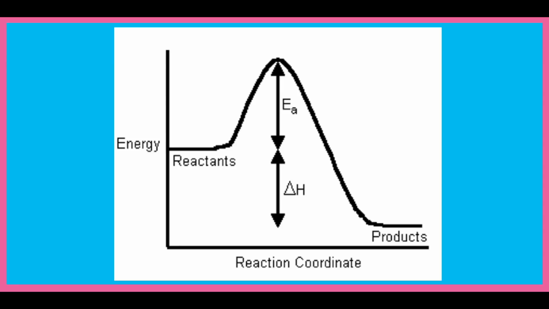Okay, I also talked in the previous slide about the reaction requiring energy to proceed. If you look at this diagram, you will see there is a large positive value for delta E sub A. Delta E sub A is the activation energy.